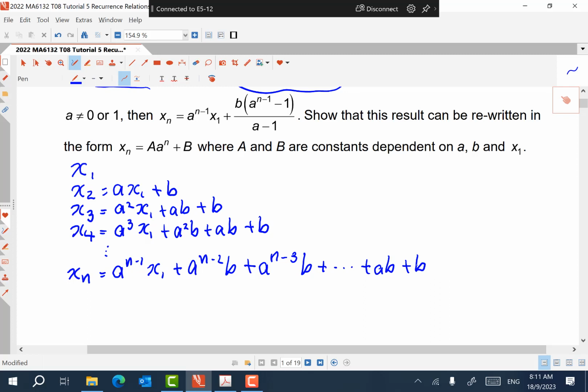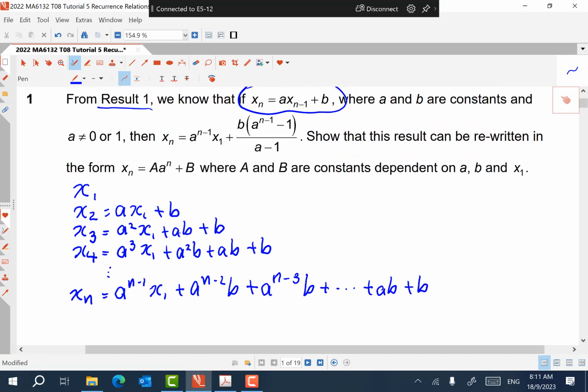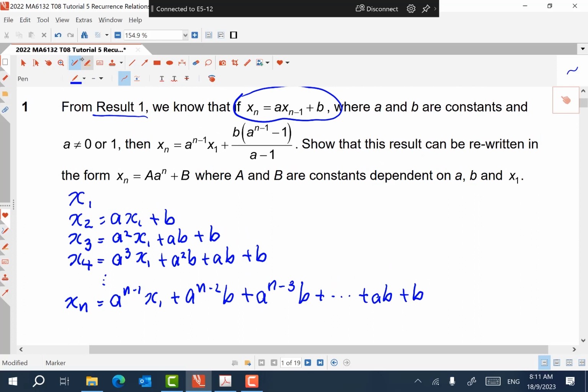We just manually iterated the x1, the x2, the x3, and up to the xn based on this recurrence relation.